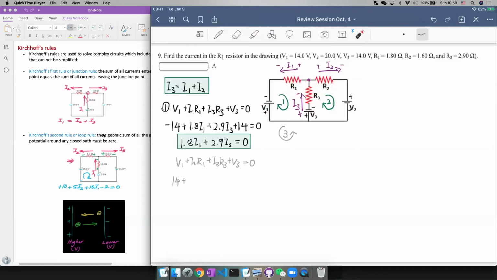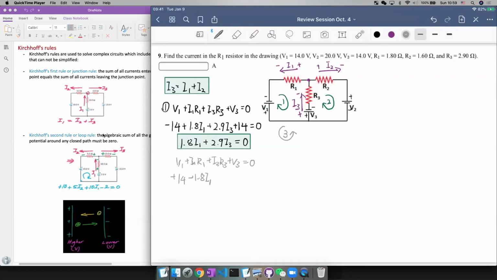Then plus. Since now we go this way, it's from higher to lower. So now we need to minus R1, right? So it's minus 1.8 I1.